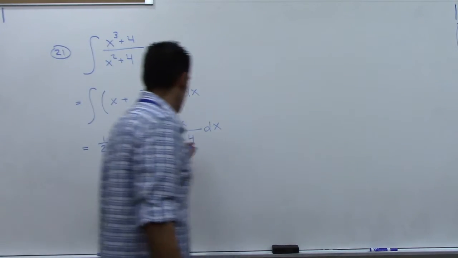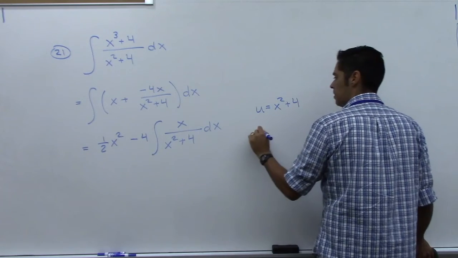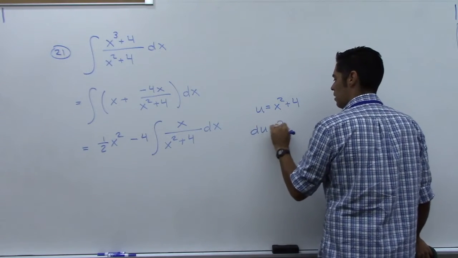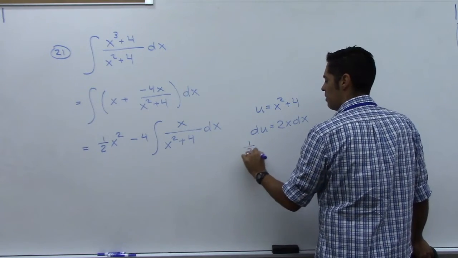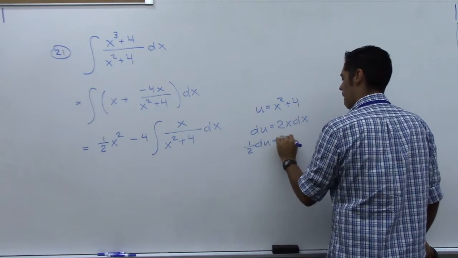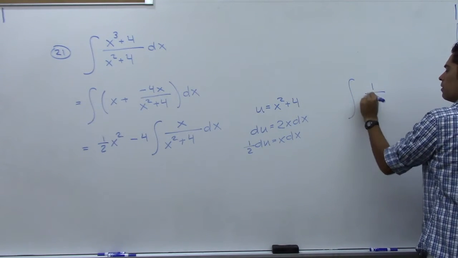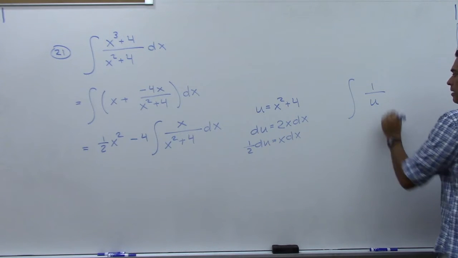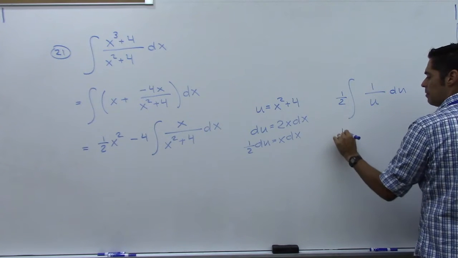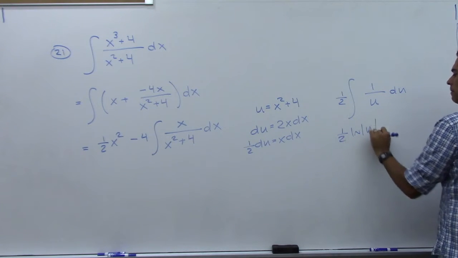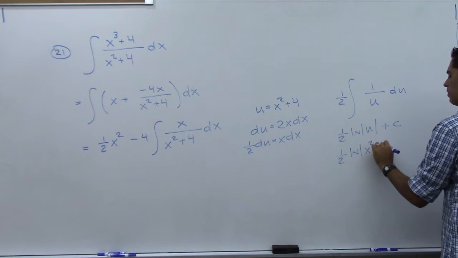And so on this one right here, I realized that if I let u be the bottom, basic substitution, the derivative is 2x dx, which I almost have. I have x dx, so scale by 1/2. So that integral becomes integral 1 over u, and then the dx is going to be 1/2 du, so that's going to be 1/2 natural log of u plus a constant, 1/2 natural log of x squared plus 4.